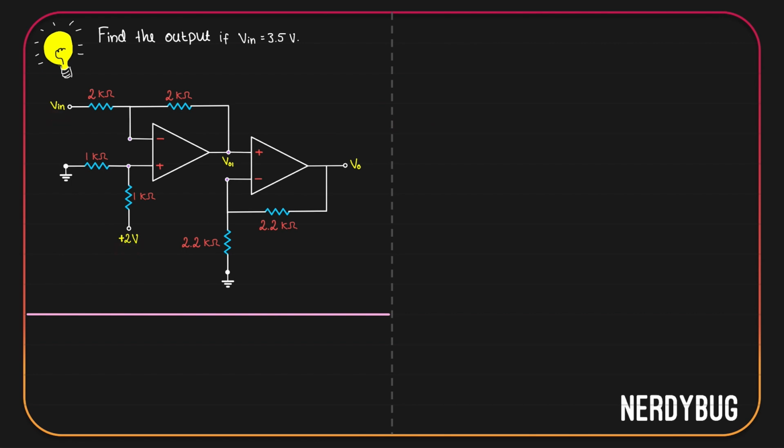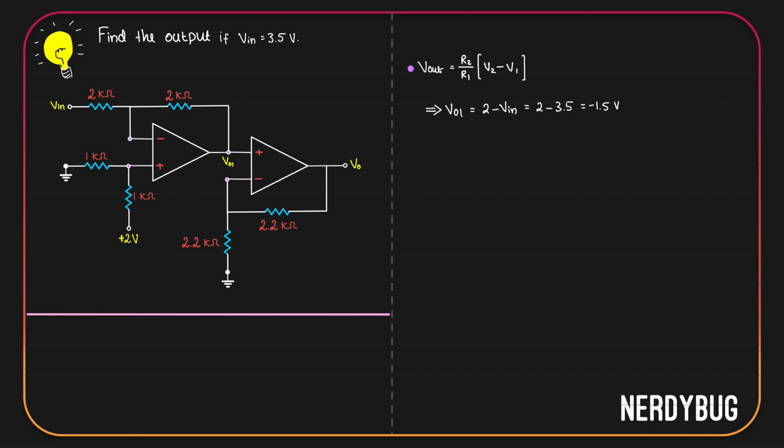So let us use that equation to find the output of the first stage, which is VO1. R2 and R1 are equal, so this will become 1. V2 is 2 volt, V1 is Vin. That gives us VO1. It is 2 minus Vin. But Vin is 3.5 volt. That means VO1 is negative of 1.5 volt.